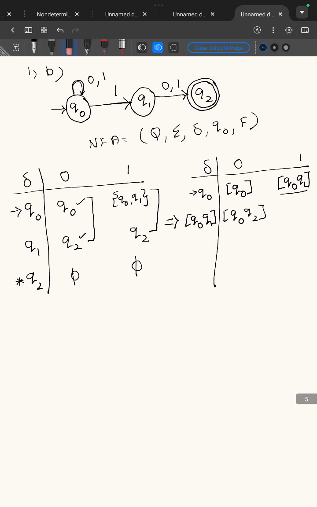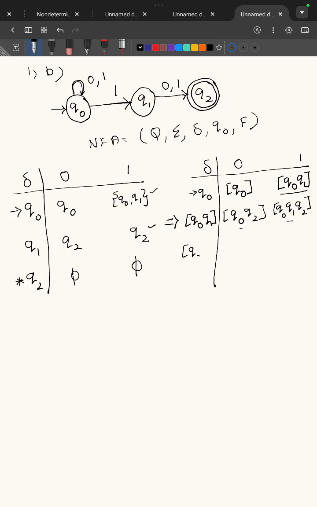That's what we will do until we are not getting any new states; we will keep on going. Similarly Q0 Q1 on 1, we combine these two things, so we will have Q0 Q1 Q2. Here we have formed two new states, for which once again you have to find the transition.